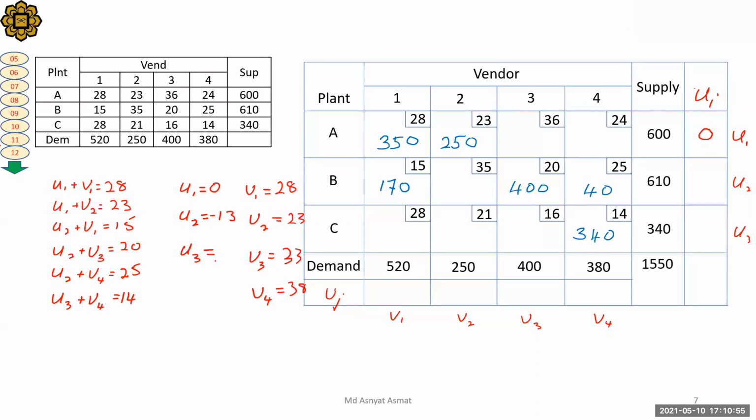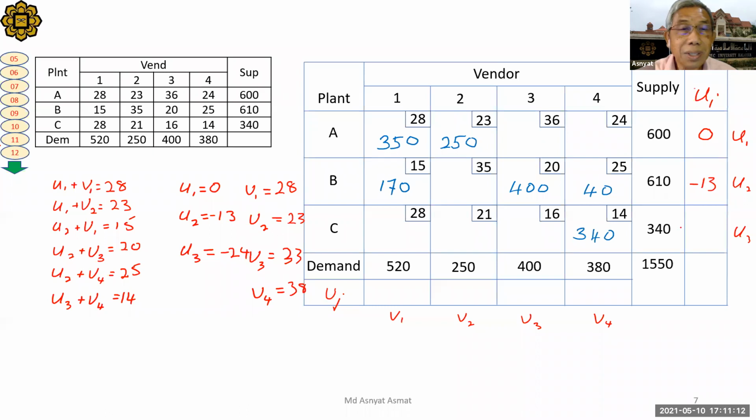Yes, 38. And then U3 is negative something, 14 minus 24. So now we put here negative. This one is easy, but the closed path is the challenging part. I'm not sure about you all. So V1 is 28, V2 is 23, V3 is 33, V4 is 38. I want you all to do this until complete.